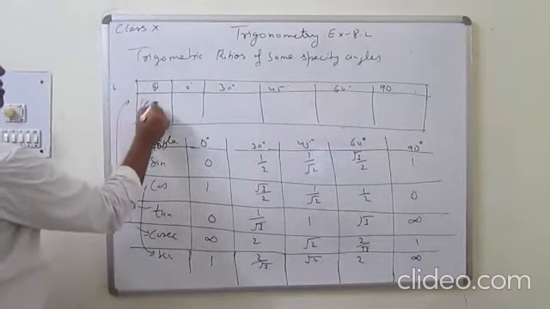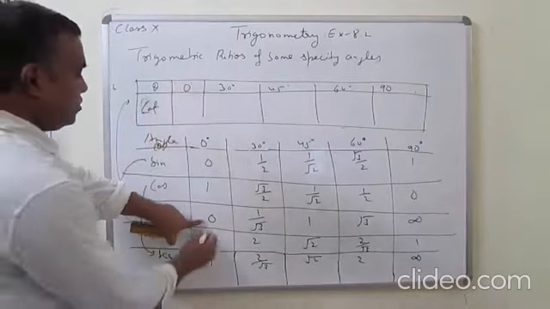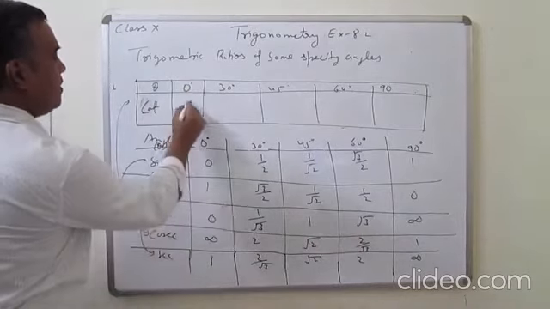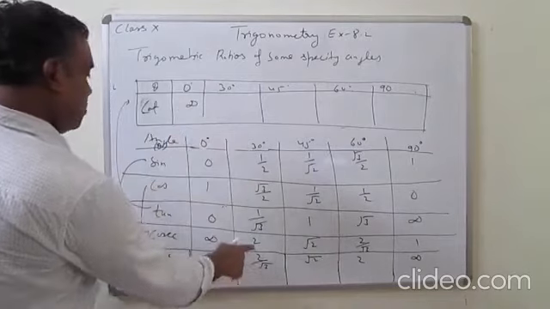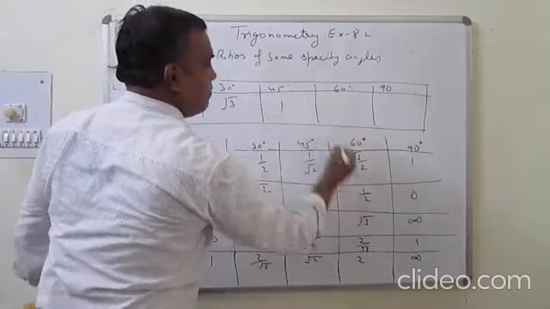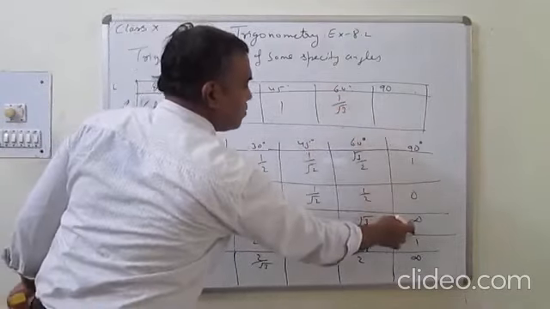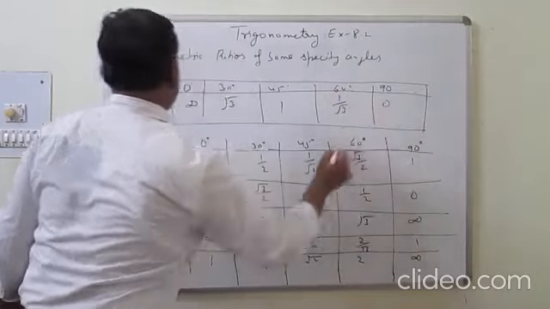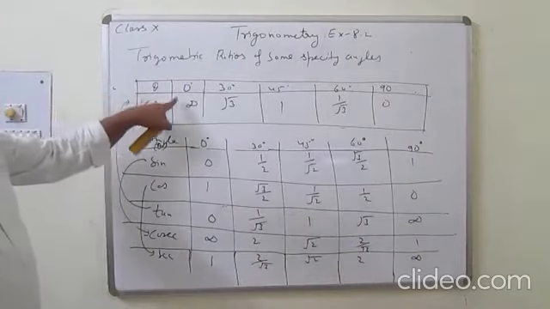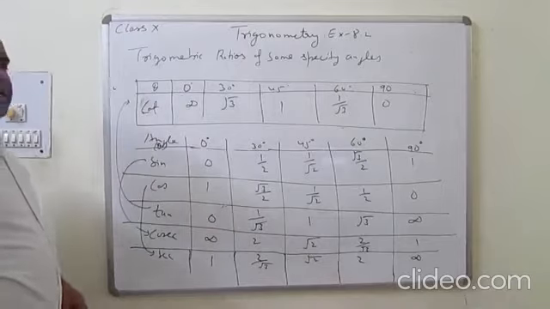So what is cot? Cot 0, this is tan. 0 upon 1. इसको उल्टा करेंगे तो 1 upon 0 क्या हो जाएगा? Infinity, root 3. 1 का reciprocal 1. 1 by root 3. tan infinity क्या आ गया? 1 upon 0 is 0 upon 1. It is 0. So this is the value chart for some specific angles, that is 0 degree, 30 degree, 45 degree, 60 degree and 90 degree.